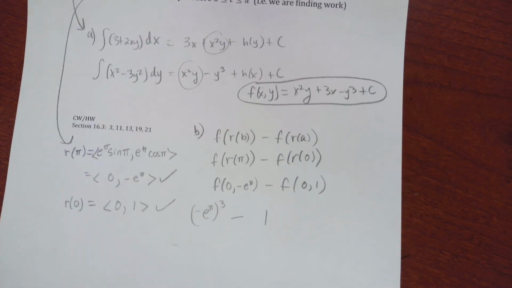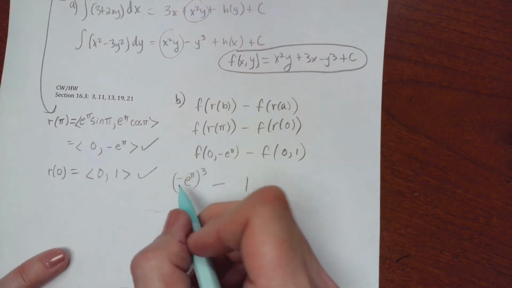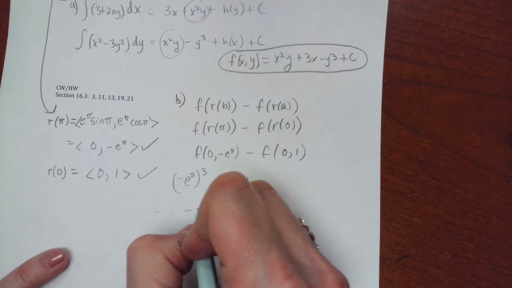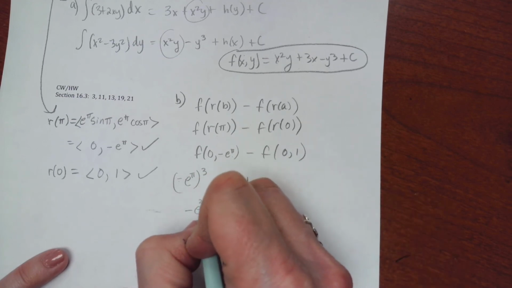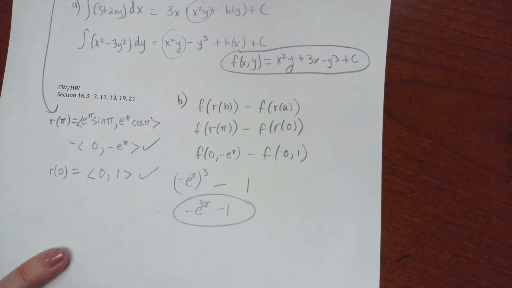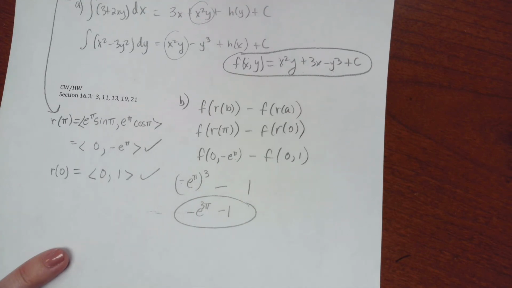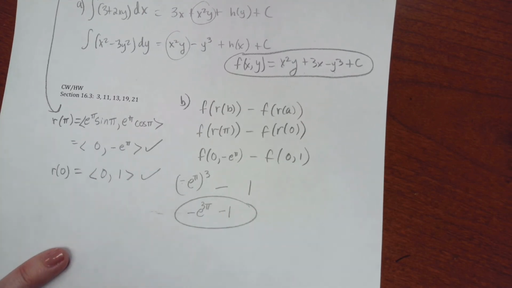Maybe I'm messing up right now, but I think I just did it wrong earlier. So a negative cubed would be a negative, e to the 3 pi, because I multiply my exponents, and then minus 1. Let me just make sure there's no reason why it's backwards here. Why did I put those negatives? I don't know.